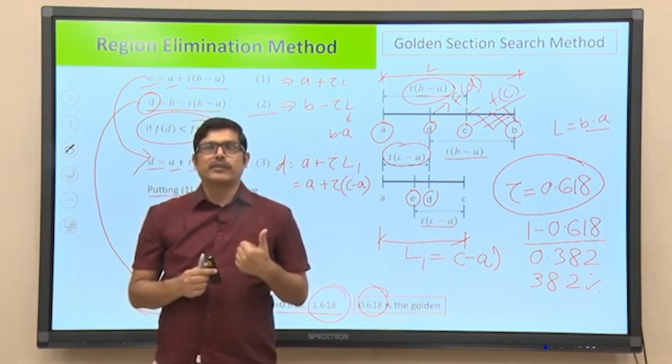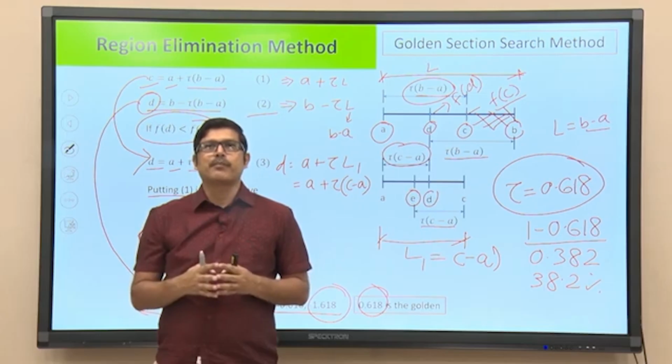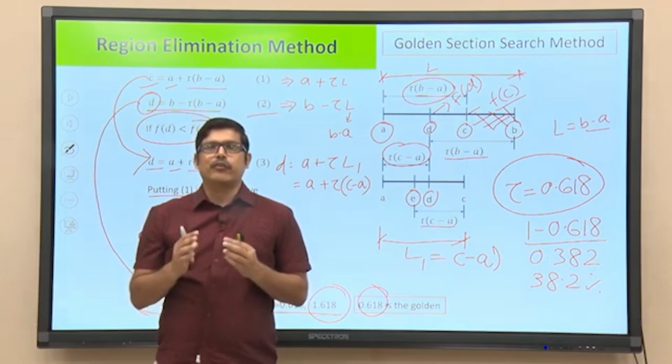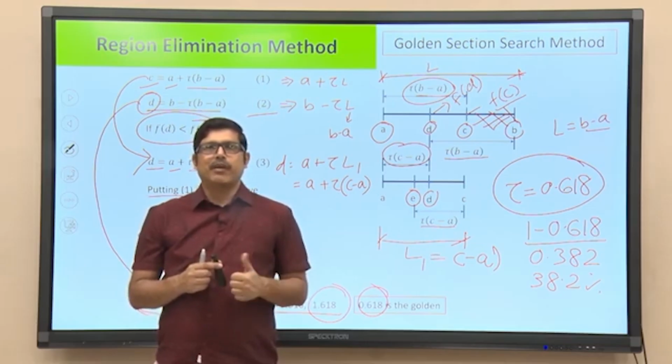And how many function evaluations are we doing? We are doing only one function evaluation in every iteration except the first iteration. That means, after the first iteration we are doing one function evaluation and eliminating 38.2% of the region. If we compare with the interval halving method, in that case we are eliminating 50% of the area in every iteration and every iteration we are doing two function evaluations.